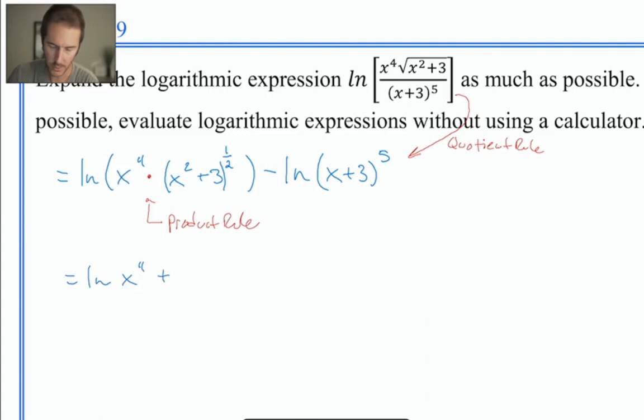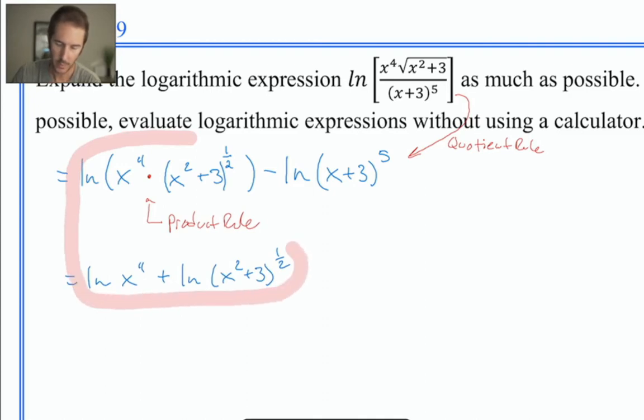Multiplication changes to addition, and this next factor right here gets its own natural log, or log base e. So the only thing that we changed was here by way of the product rule.